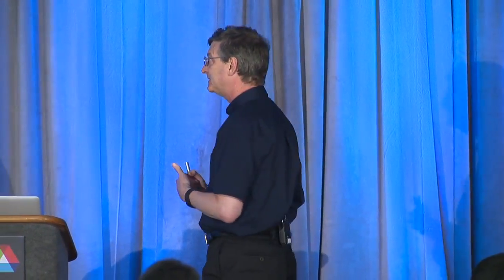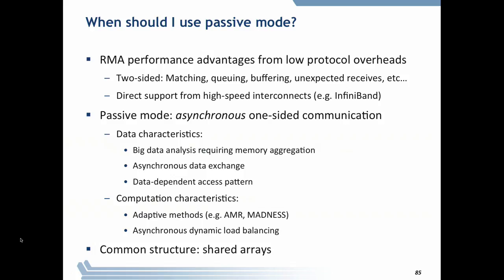There are issues with this. So when should you use the RMA? You can use the RMA when you're facing overheads from tag matching, buffering, and so forth.